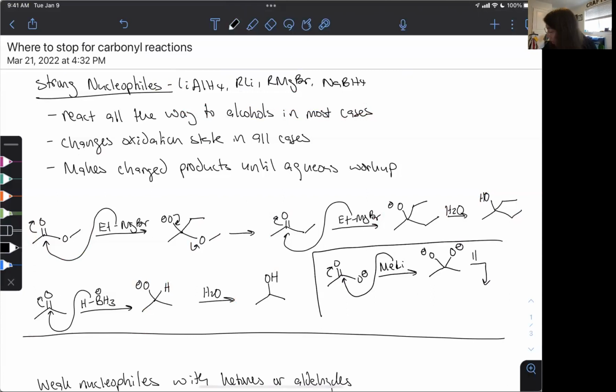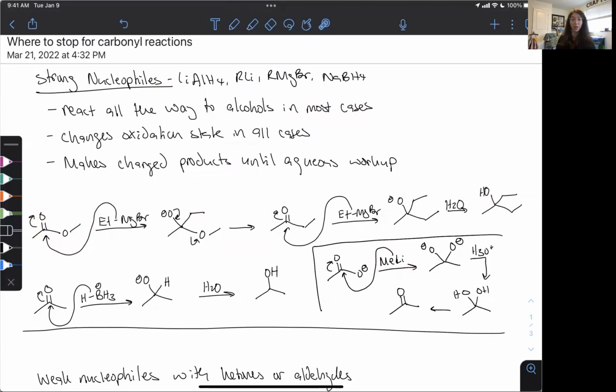And then when we add in our acid, that's when we're going to end up going first to the diol. And then we've seen how the acetals, when they're hydrolyzed, are going to end up going to the ketone. And by the time you form that ketone, you're already going to have destroyed your organolithium from a protonation as well. So that's the one exception to that. But generally, we're going to keep on reacting those until there is no carbonyl left.